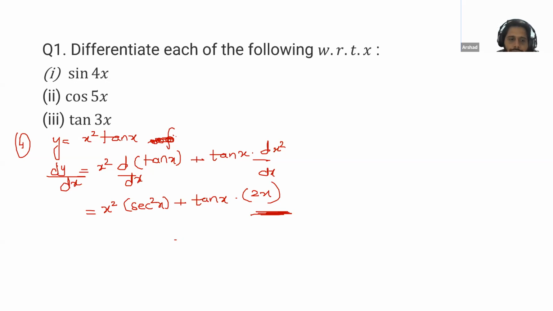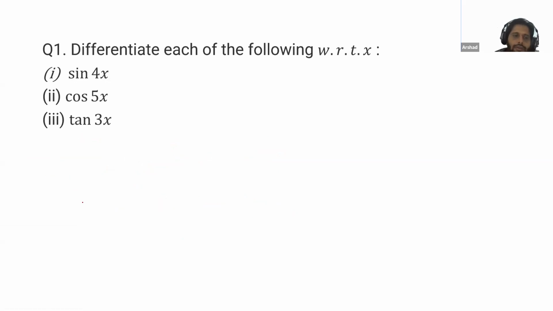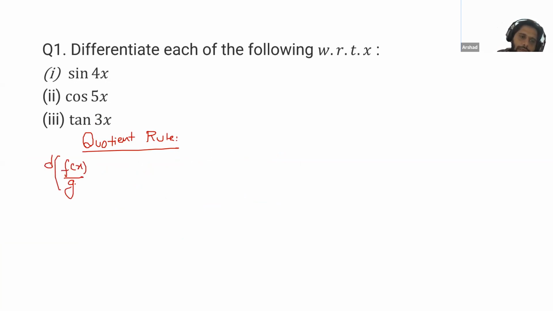Now we will discuss the quotient rule. I'm going to erase this. Now the quotient rule is what? If you have two functions which are in fraction, then to differentiate this, we will apply the quotient rule.